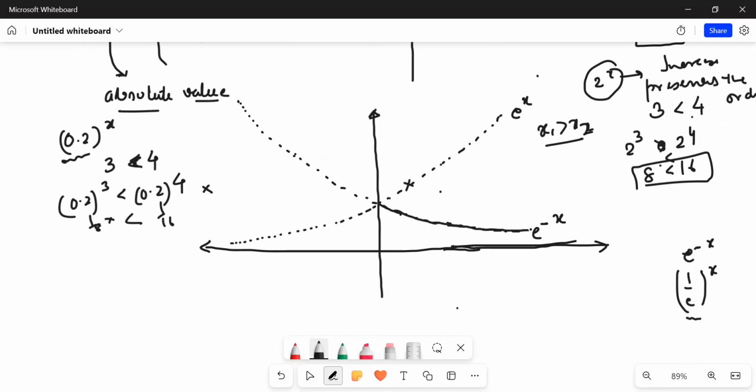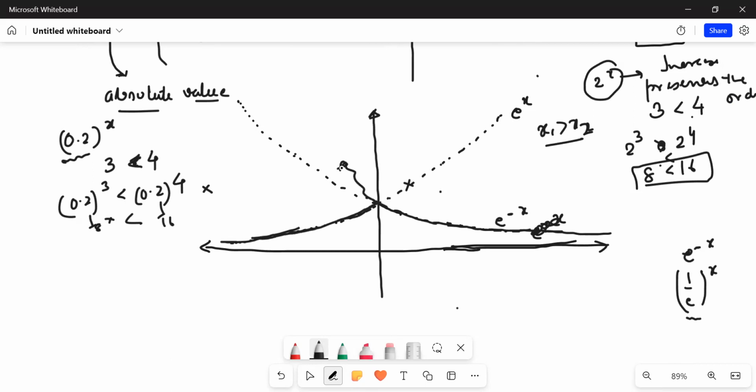For all x greater than 0, just plot the graph of e to the power minus x. Certainly, this will be an asymptote in the long run. And for all x less than 0, just plot the graph of e to the power x.